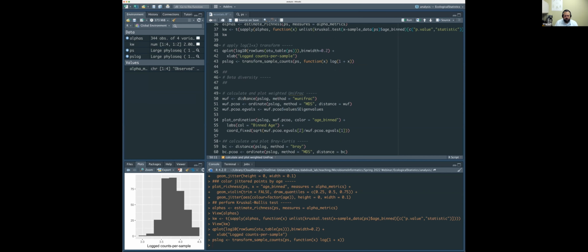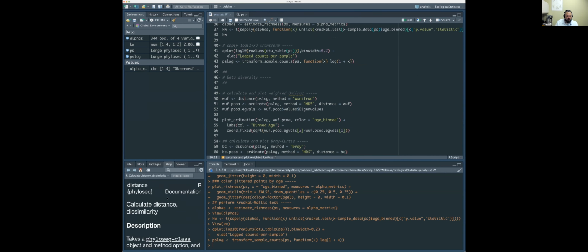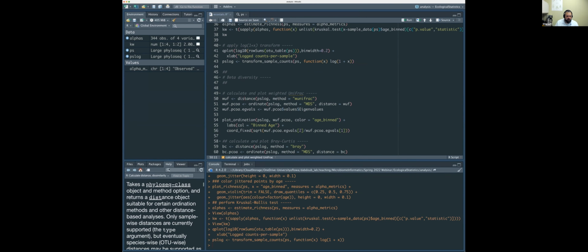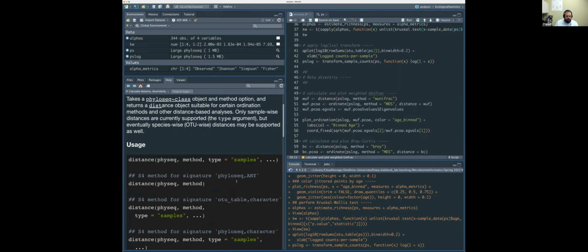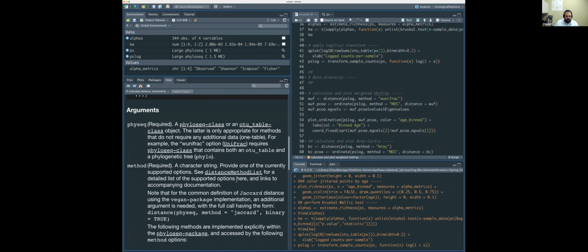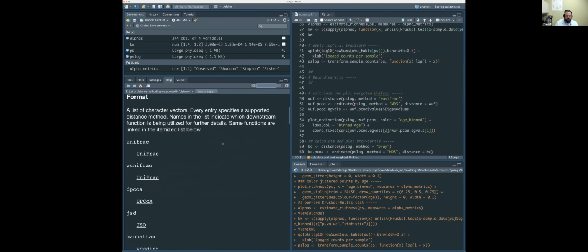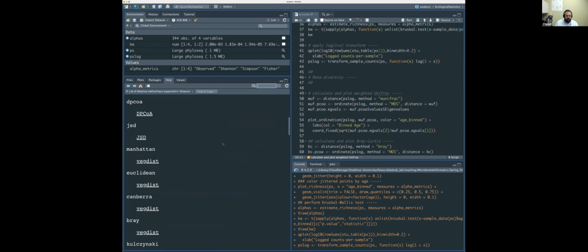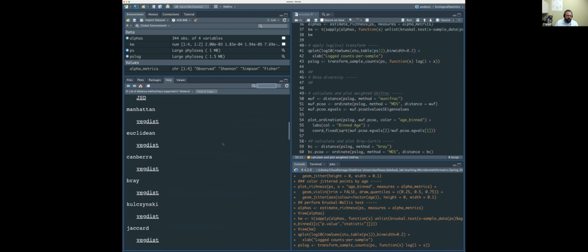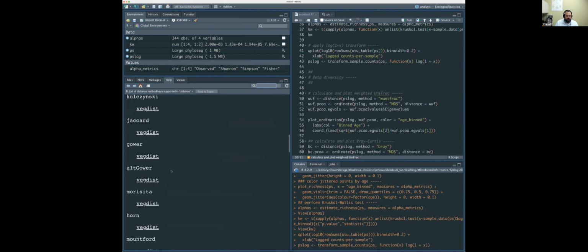If we go look at the help for this, the distance method should give us a list of methods. Here we go, distance method list. So UniFrac, weighted UniFrac, DPCoA, Jaccard, Manhattan, Euclidean, Bray-Curtis, Kulczynski, Morisita-Horn.